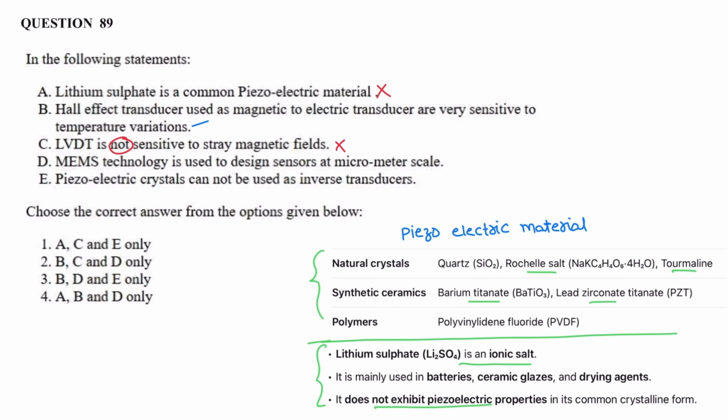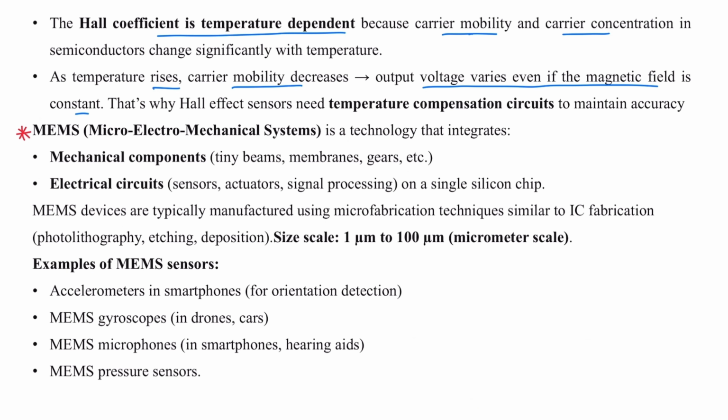Statement D. MEMS technology is used to design sensors at micrometer scale. MEMS, micro electromechanical system, is a technology that integrates mechanical components like tiny beams, membranes, gears, with electrical circuits, sensors, actuators, and signal processing on a single silicon chip.